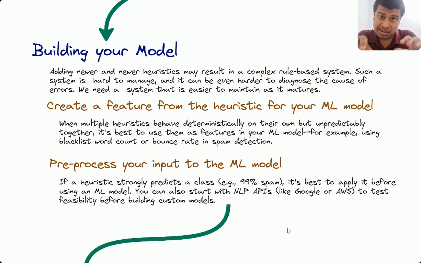Using these, we can identify that if the blacklist word count is greater than 10, then it is definitely spam. If you come up with that strategy after looking at your data set, and it classifies spam emails properly 99% of the time, then you can directly use that instead of going for models.